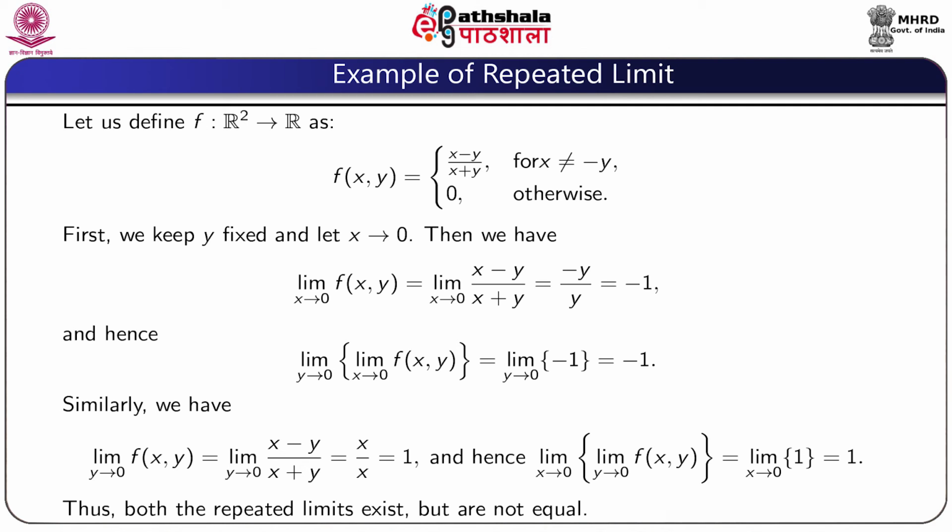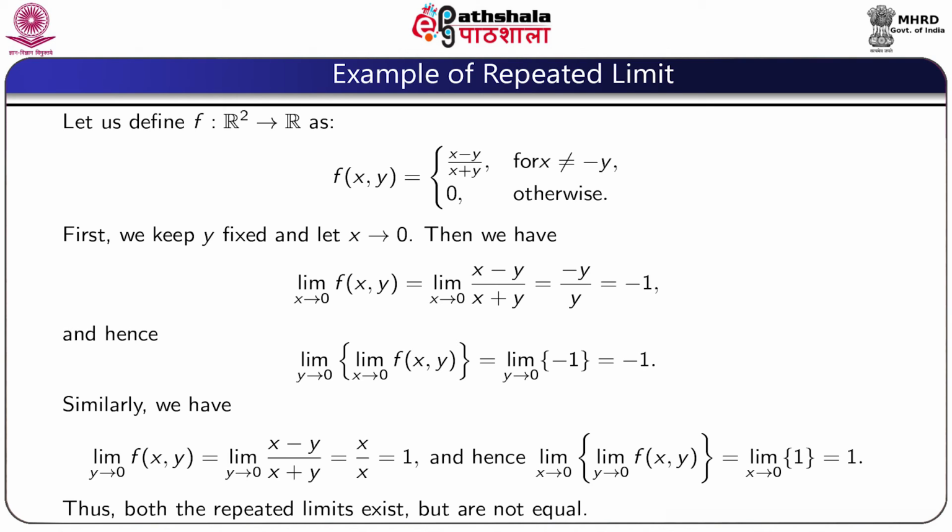We define a map f from R² to R as follows: f(x, y) equals (x minus y) by (x plus y) whenever x is different from minus y, and otherwise it is 0. First we keep y fixed and let x approach 0, then the limit of f(x, y) as x approaches 0 is minus 1.